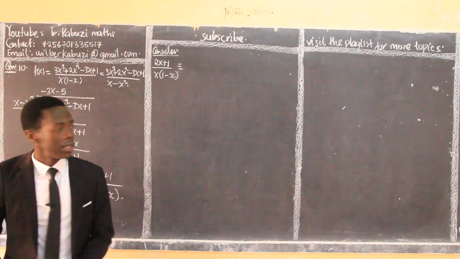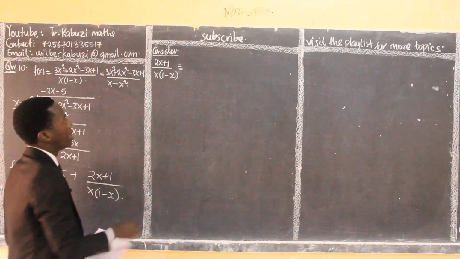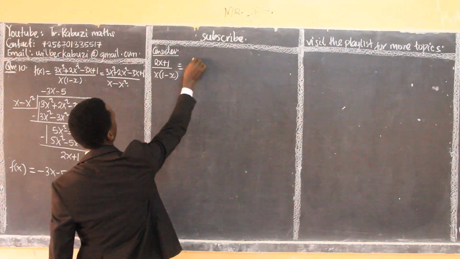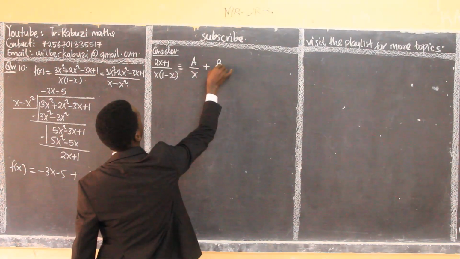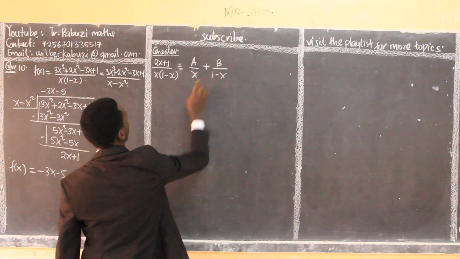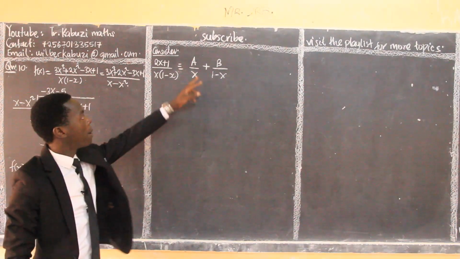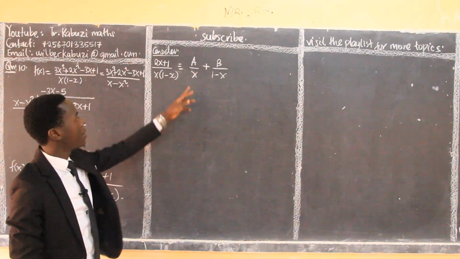Now it's going to be equivalent to, now you see, this one is linear and this one is linear, so we have a constant over x plus a constant over 1 minus x. For it to be proper, the power in the numerator should be less than the power in the denominator.